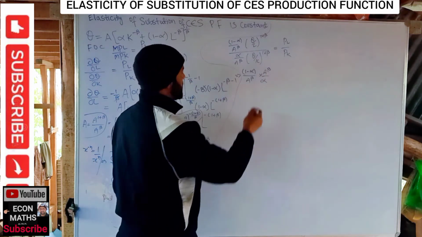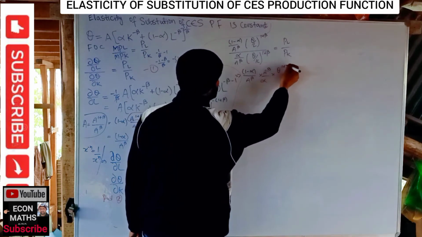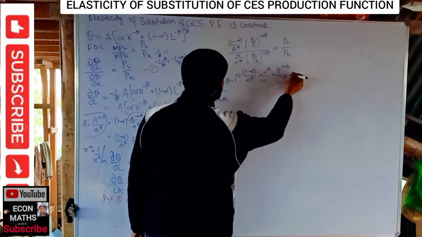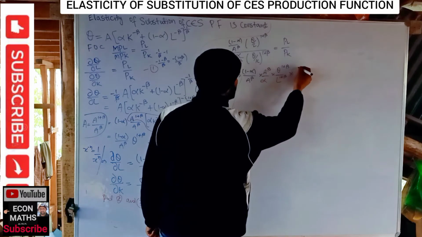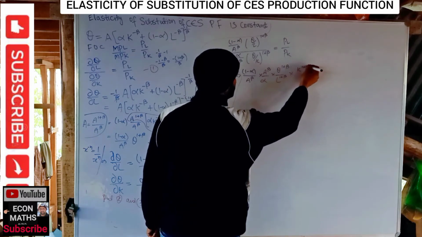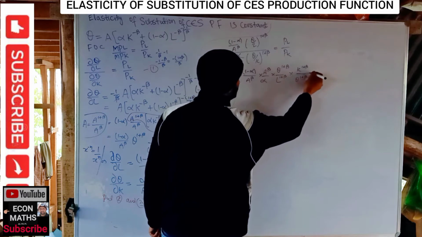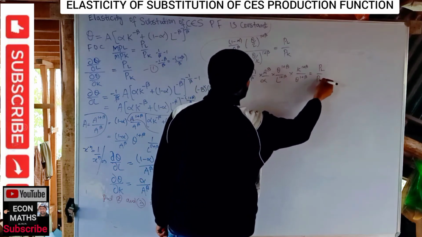This will become Q to the power 1 plus beta divided by L to the power 1 plus beta. Similarly, reciprocating this value, this will become K to the power 1 plus beta divided by Q to the power 1 plus beta, which is equal to the input price ratio, that is PL divided by PK.